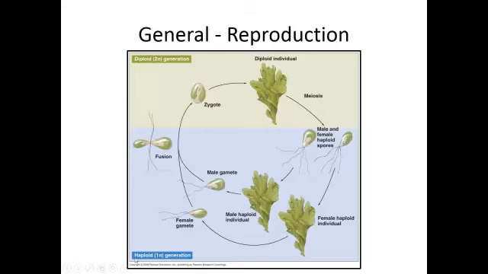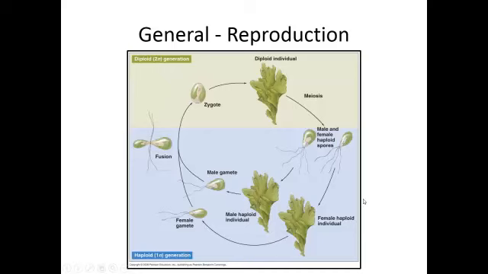They're haploid because meiosis occurred up here. Each of these has only 1 copy of each of the chromosomes. So the female haploid individual and the male haploid individual develop, and the males will produce male gametes and the females will produce female gametes. They're still haploid, so these gametes were produced through mitosis. Male and female meet, fuse, and you get a zygote.